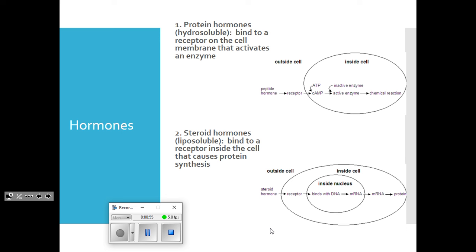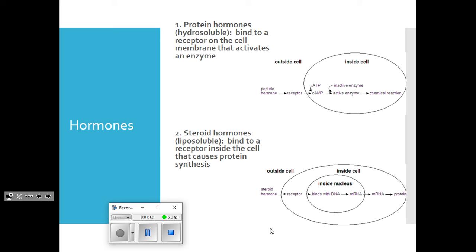Some of the hormones that we'll discuss are protein hormones. So it's a hormone, but it's made out of a protein. The reason it's a hormone, it's getting secreted by a gland into the blood, it's going to have an effect on a target organ. That's why we call it a hormone.